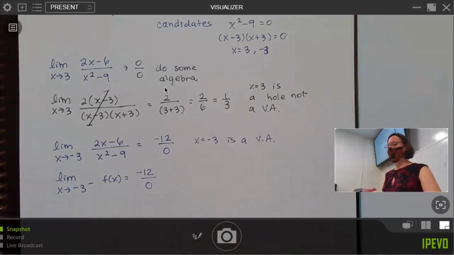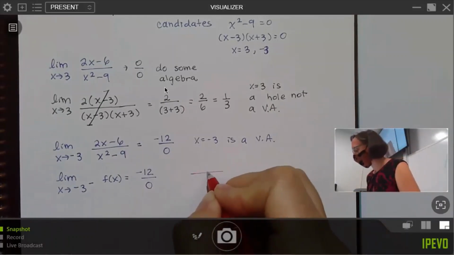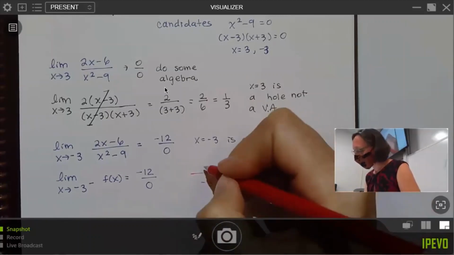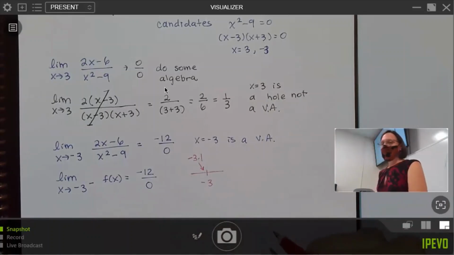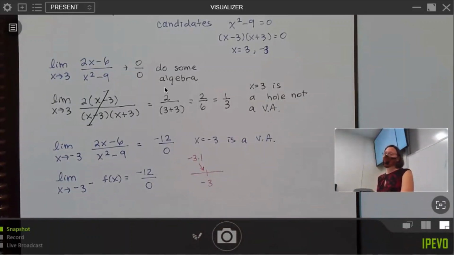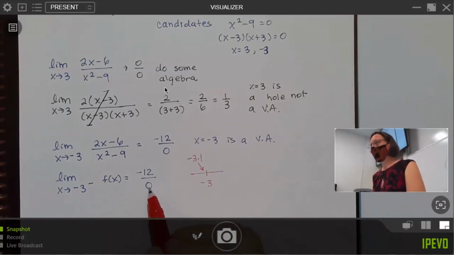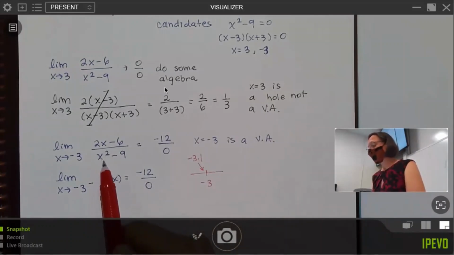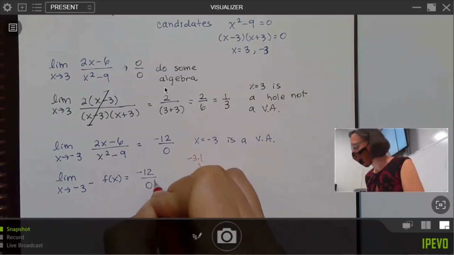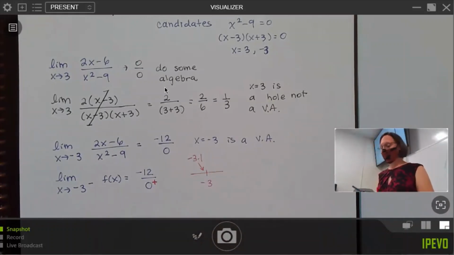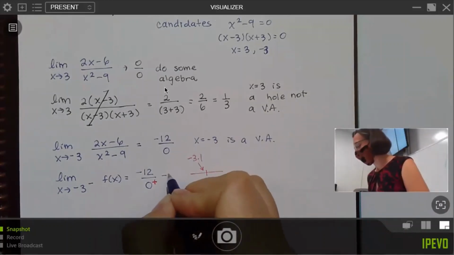I always have trouble thinking about negative numbers from the left and right, so I just draw myself a quick reality check. Here's -3. From the left on the number line, that's like -3.1. I just want to know, is the bottom positive or negative? Well, -3.1 squared is bigger than 9 because 3.1 is bigger than 3, which means when I plug that in, that's a slightly positive 0. And overall, this thing would be headed to negative infinity.